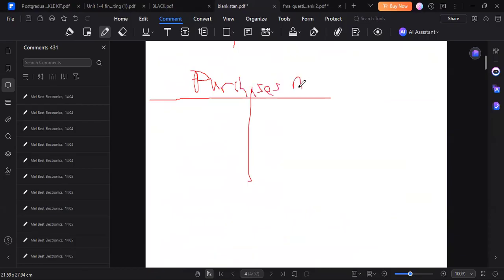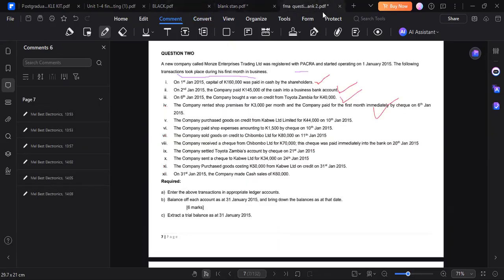So this is on 10/01/15, and this came from Cargo, 44,000.